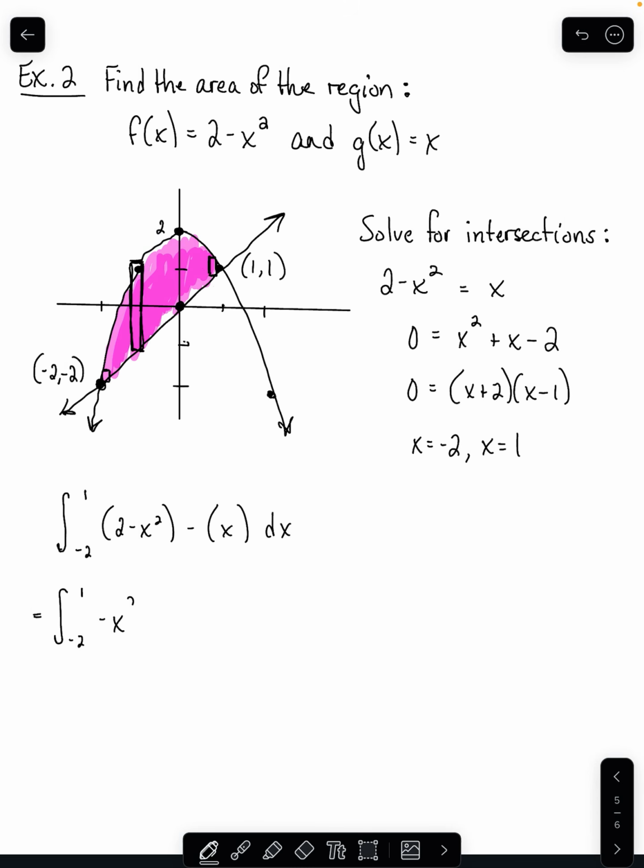We can simplify the integrand to -x squared minus x plus 2 dx, the antiderivative of which is -x cubed over 3 minus x squared over 2 plus 2x, evaluated at 1 minus the evaluation at -2.